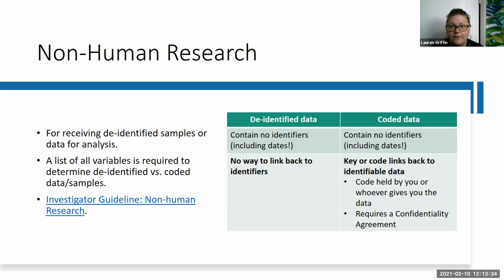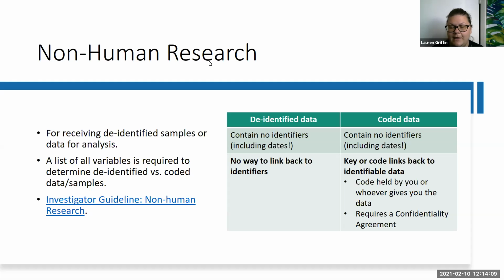A lot of the times though, data is actually coded. This means that there is a key or a code that links it back to the identifiable data. Sometimes it's held by you, sometimes it's held by whoever gave you the data set. Essentially, if you have a data set and it has PHI or education records or survey records, and then there's either another spreadsheet or another system, and it contains a code, participant 1 links to this name or this MRN, participant 2, even if it's stored separately, it's considered coded.